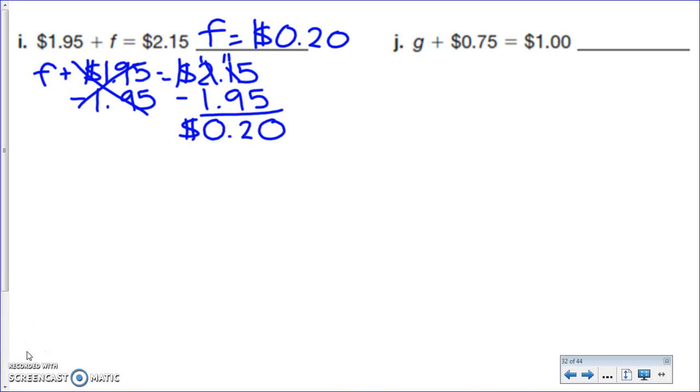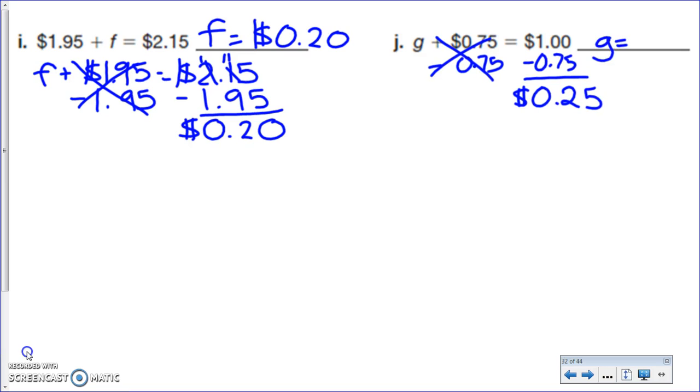For j, we're going to subtract 75 cents from both sides to get g by itself. And $1 minus 75 cents equals 25 cents, so g equals 25 cents.